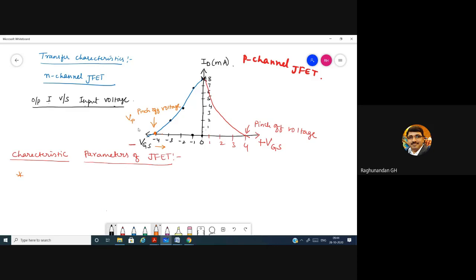Parameters are, the first one, transconductance gm. After that, we have input resistance and capacitance.